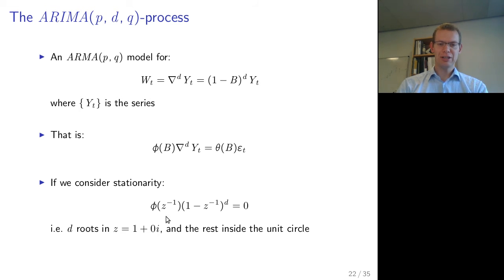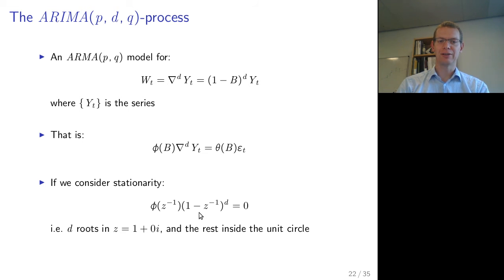Considering stationarity, assuming that the AR part here is stationary, that will give us roots outside the unit circle. The nice thing is, to solve this polynomial, we just have to solve each term equals 0, and solving this gives us a root at 1. So we'll have d roots at 1 coming from this.